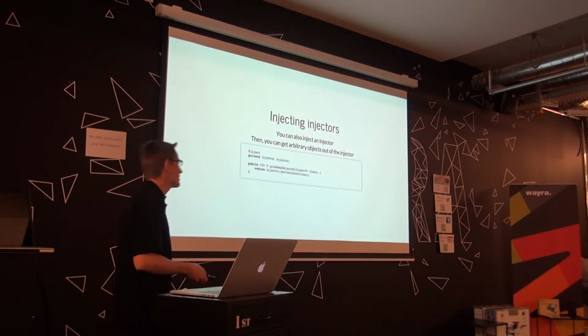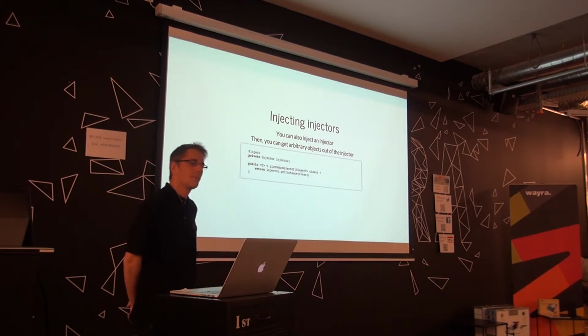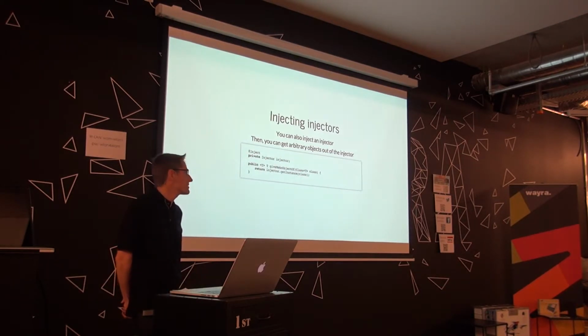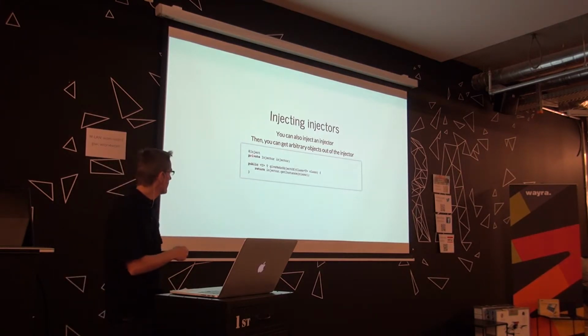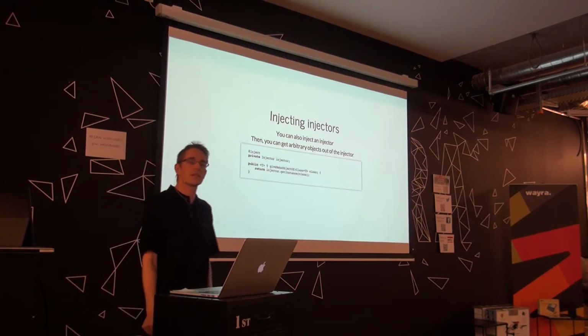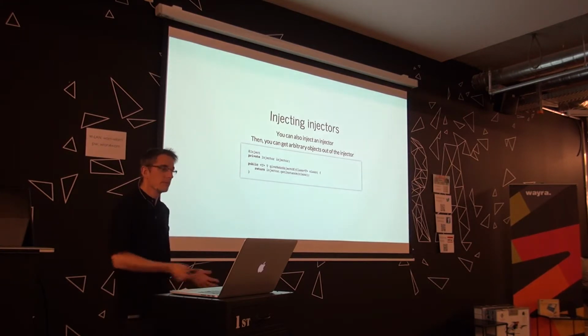Okay, if we want to get even a little bit weirder, we can also inject injectors. If we want to get arbitrary objects out of our RoboJuice context, we can just inject an injector object, and then we can use injector.getInstance, and with it we get an object of the class we pass in. It's doing all the magic behind the scenes, so it's injecting all the necessary stuff in there.